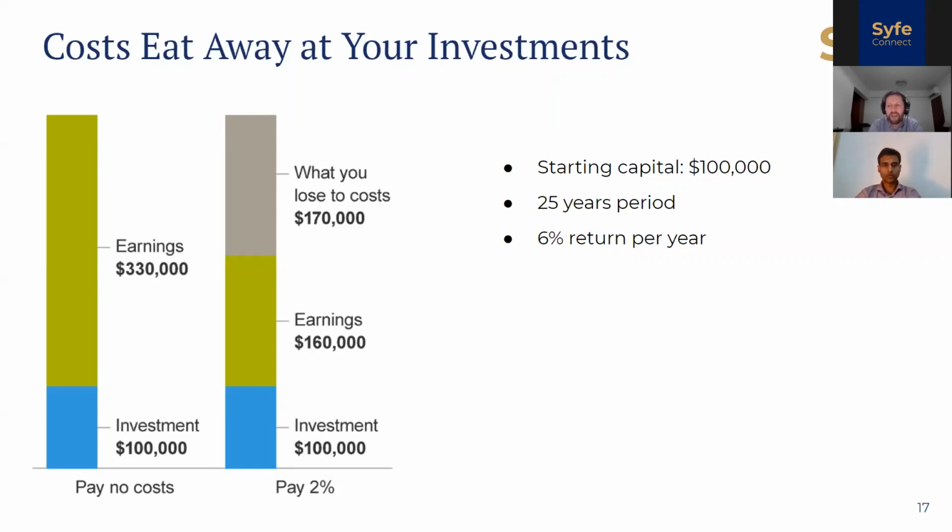So this is the amount that you would actually lose in terms of costs, and these would erode a big chunk of your overall returns. So it's very important to be aware of the costs when you start any kind of investment. Very important to be aware of the costs you pay, and to zone in on and minimize costs wherever possible.